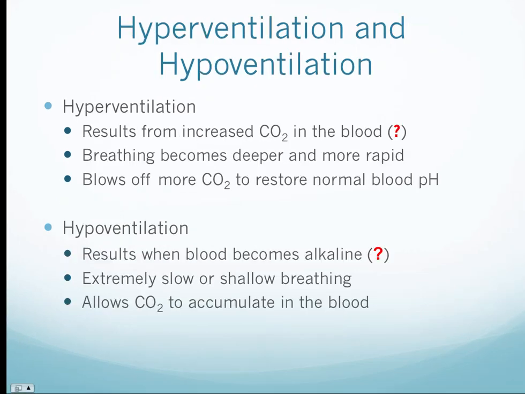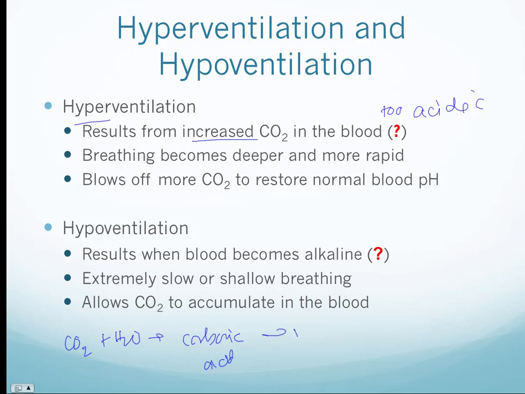Going over hyperventilation and hypoventilation and the differences between them. Hyperventilation results from increased amounts of carbon dioxide in the blood, making the blood too acidic. Okay, let's go back over how that's formed. Carbon dioxide plus water equals carbonic acid.